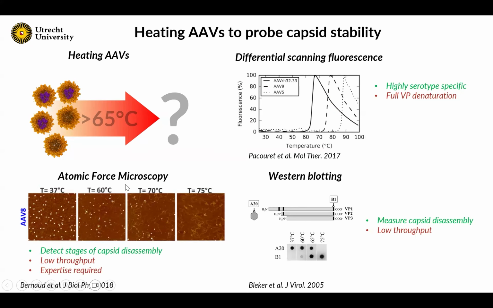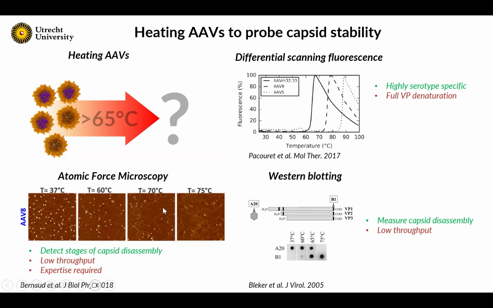Also being used, and which works very nicely, is atomic force microscopy, so AFM, because there you can really see what happens to your capsids after incubation at a high temperature. So for instance, in this case, you can see that at some point the genome of the AAVs is being released, and you can detect these genomes as well.